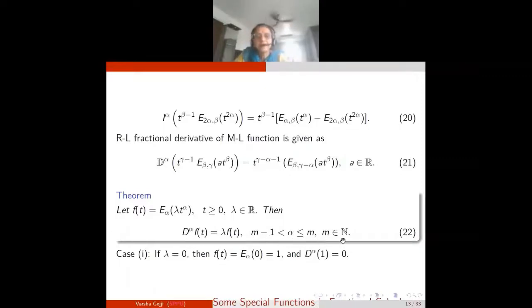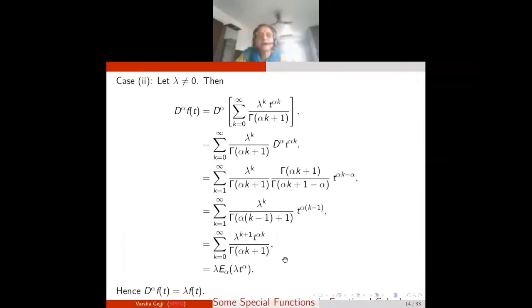Now, alpha lying between m minus 1 and m. Case 1, when lambda is 0: E_alpha(0) is 1, and the derivative is 0. Now, when lambda is not 0, you do this term by term.